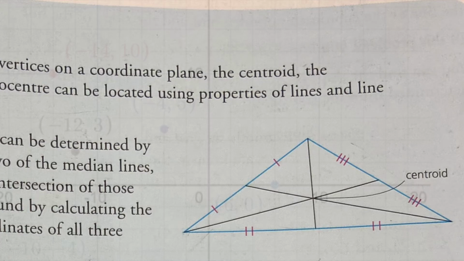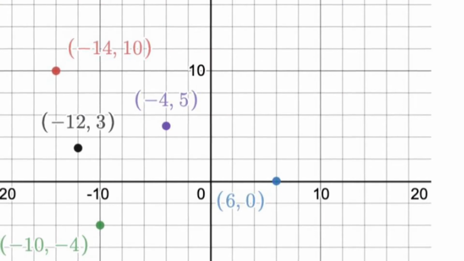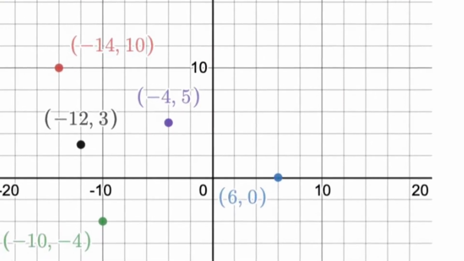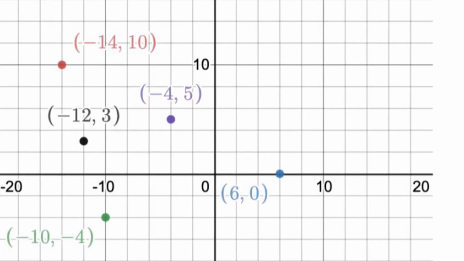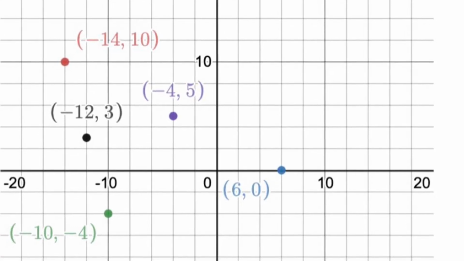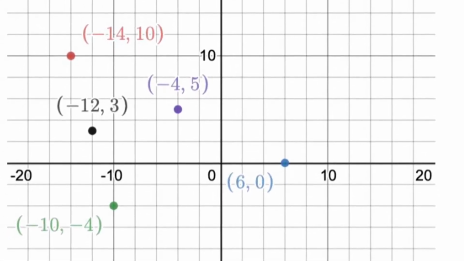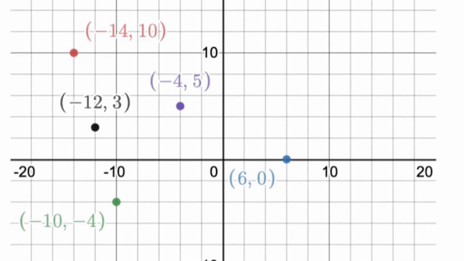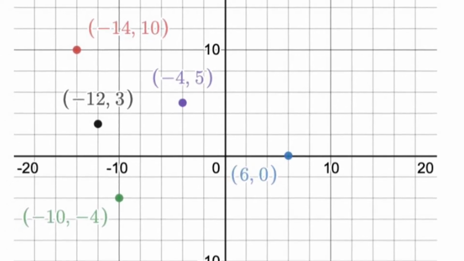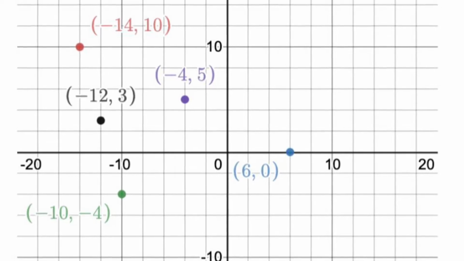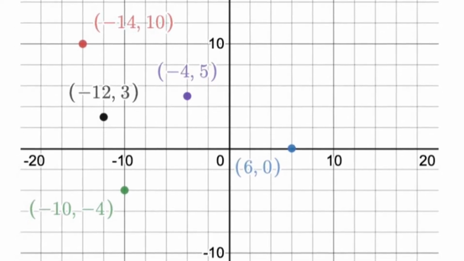Start at my other midpoint, go to my vertex. So I want to start at the black point and go to the blue point. That'll be one median. And then I want to start at the purple point and go to the green point. That will be my second median. So I'm going to find those 2 equations, and then I'm going to find out where they intersect in the middle.